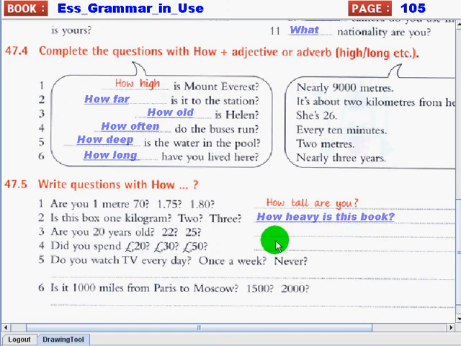Third, are you 20 years old, 22 or 25? So it's asking about age. So we can say, how old are you? Instead of saying this complicated question, right? Fourth, did you spend 20 pounds, 30 pounds, 50 pounds? We can say, how much did you spend?